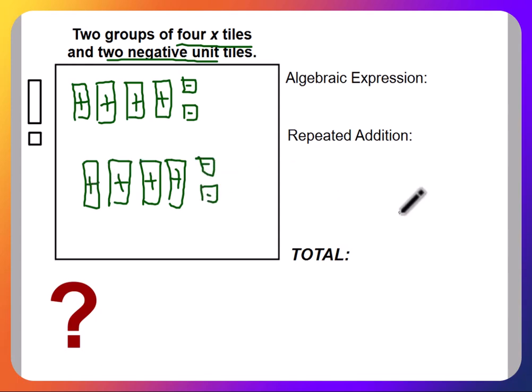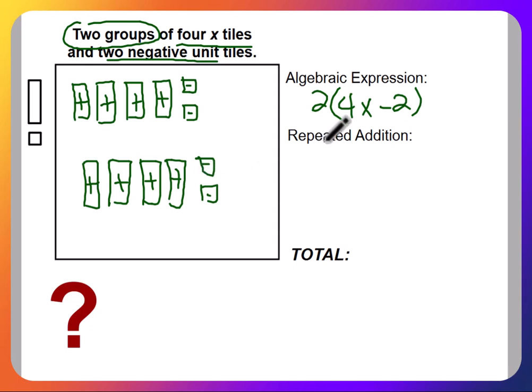Now let's write our algebraic expression. It tells us that we have two groups. So that's going to go on the outside of our parentheses because groups means parentheses. Inside the parentheses is what goes in the group. Well, what did we put inside our group when we modeled it? We put 4 X tiles and 2 negative unit tiles.